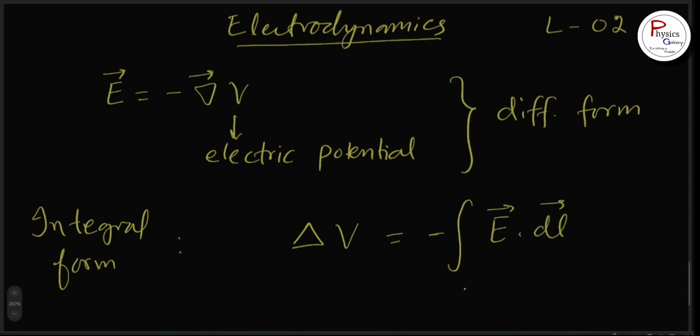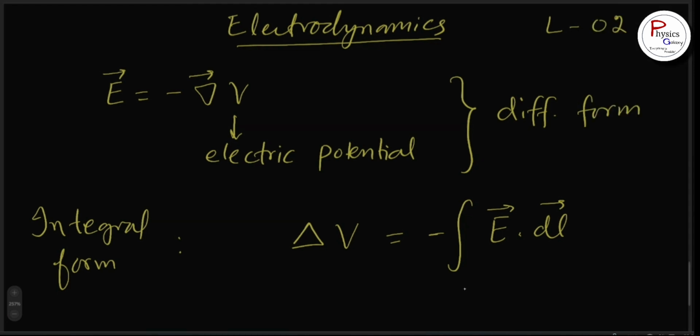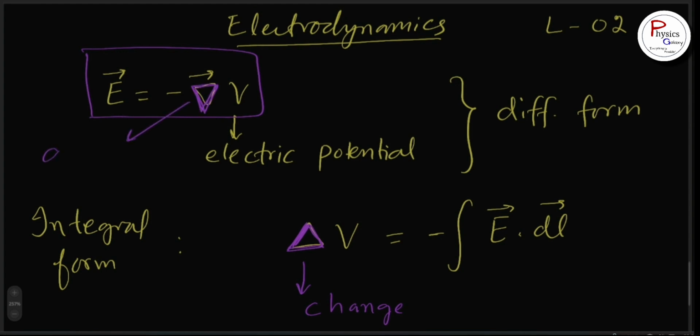Keep in mind that this upright triangle always denotes change. But in the other equation we have the upside down triangle, which is the symbol of gradient. So never get confused.